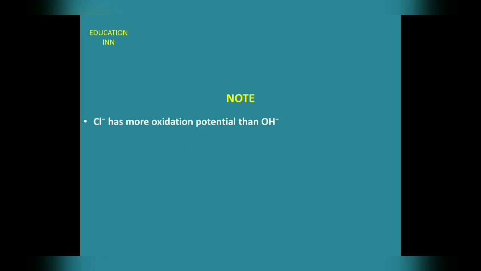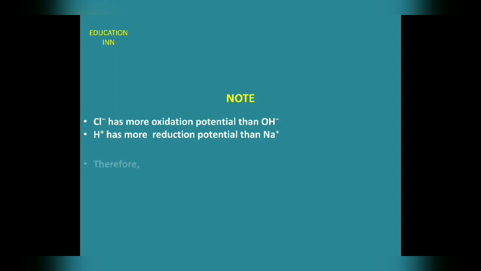Important: chlorine has more oxidation potential than hydroxyl ion. It means chlorine can lose electrons more easily than hydroxyl ion. Therefore, chlorine becomes attached on the anode instead of hydroxide. Similarly, hydrogen has more reduction potential than sodium. It means hydrogen has more power to accept electrons than sodium.